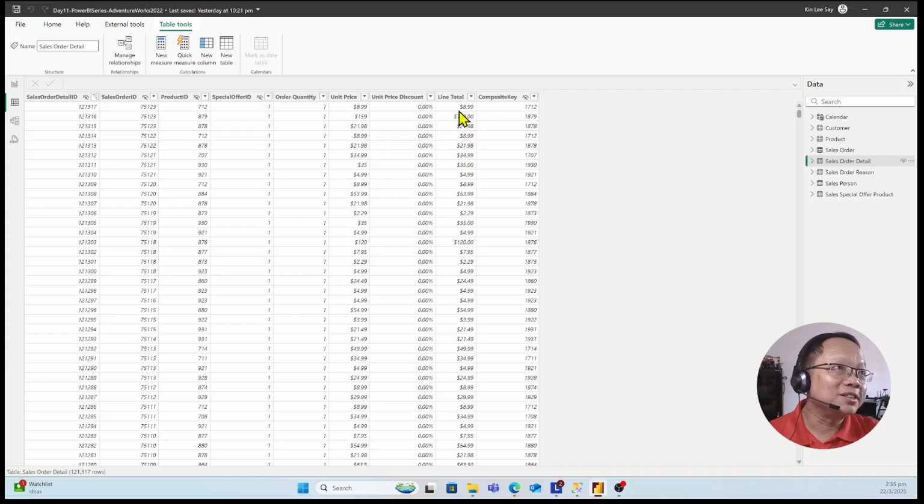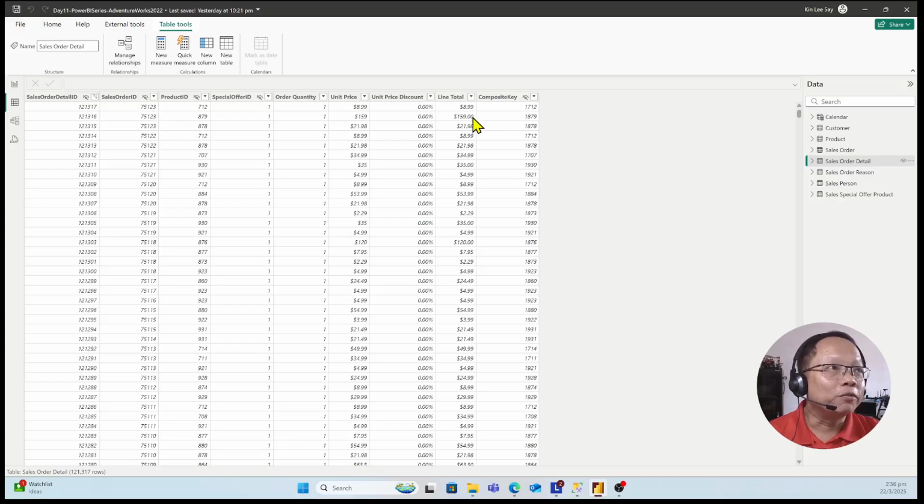This line total is actually order quantity multiplied by the unit price, and then multiplied by the discount, which sums up to 8.99 for product ID 712 for this 75123 order.